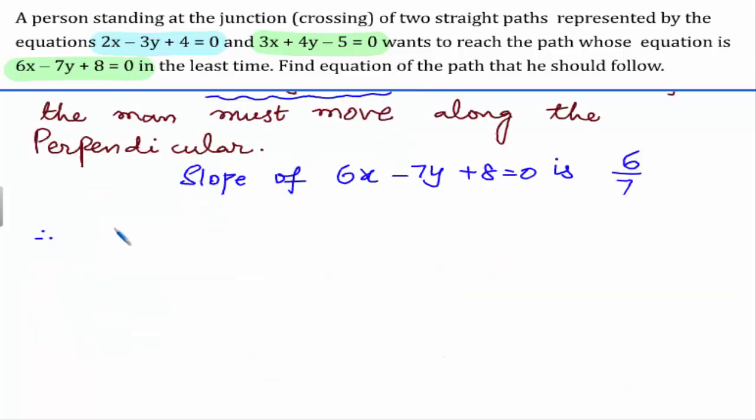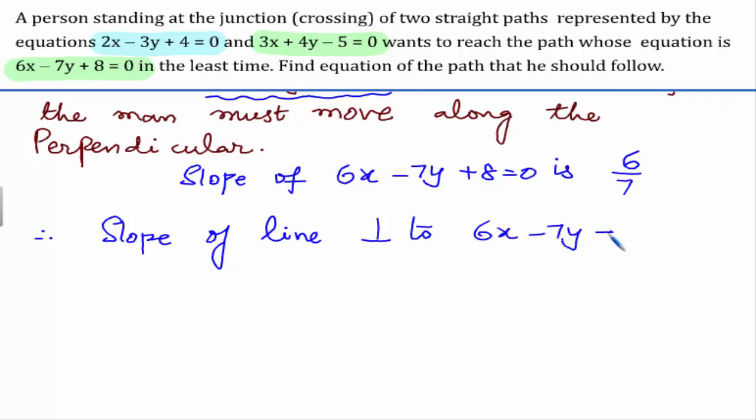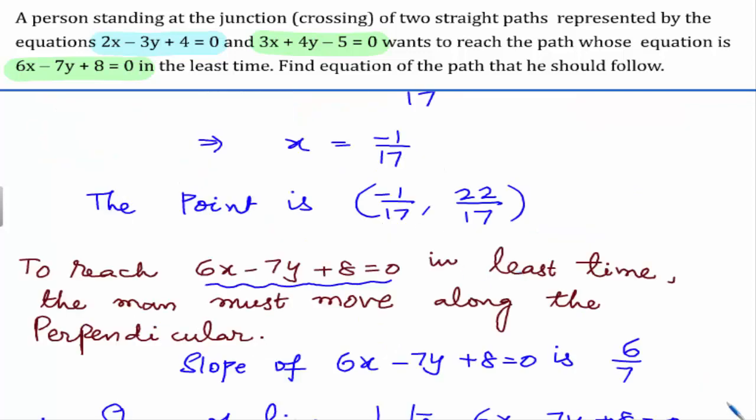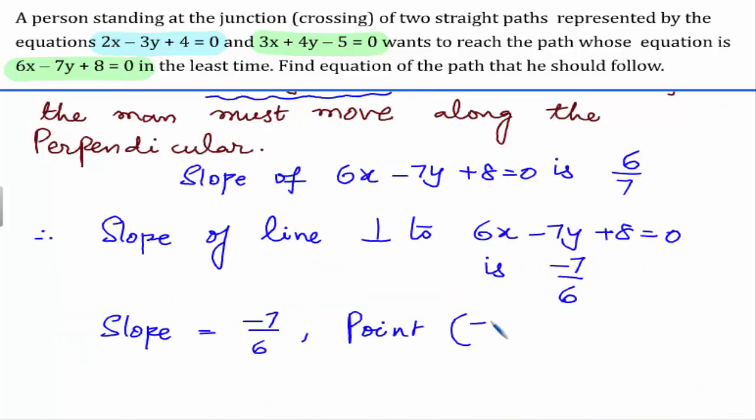So therefore, the slope of a line perpendicular to 6x minus 7y plus 8 is equal to 0 is minus 7 by 6, as we know that the product of the slopes of the two perpendicular lines is minus 1. Now we have slope and the point is minus 1 by 17, 22 by 17.